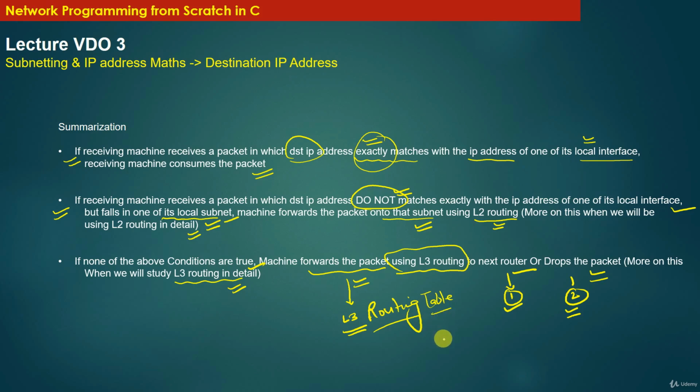When all these three conditions are satisfied, the router does not know what to do with the packet, and in this case the router chooses to drop the packet. We will understand this concept in detail when we learn L3 routing.